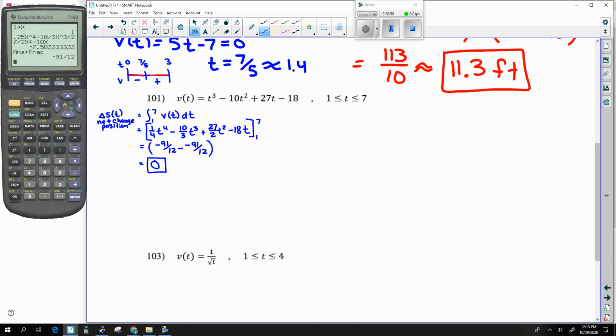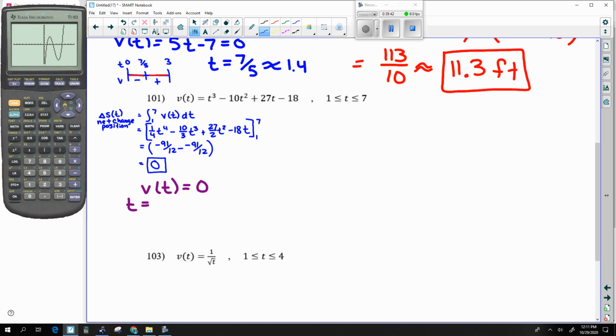All right, let's find where this velocity is negative. So the velocity is equal to 0. That's kind of above my pay grade, so I'm just going to graph this then. And I'm only interested from 1 to 7. So I'm going to graph a 0 and graph this thing. All right, so I have several zeros.